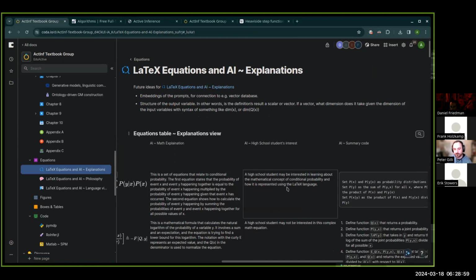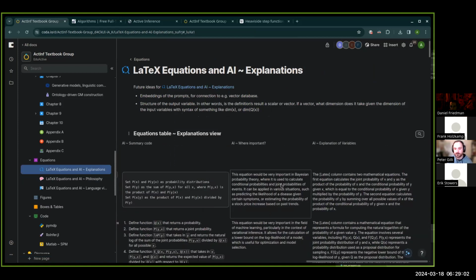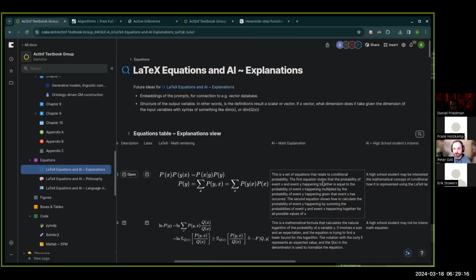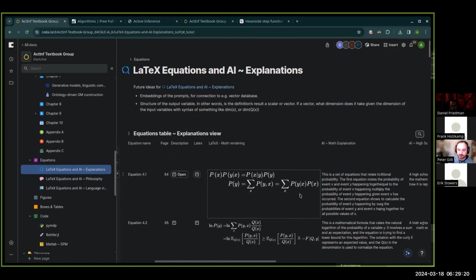Why would a high schooler be interested? What's the pseudocode? Where is it important? What are the variables? These are just tentative, but even where they contain some factual omissions or errors, they give the style of what information is in the equation.